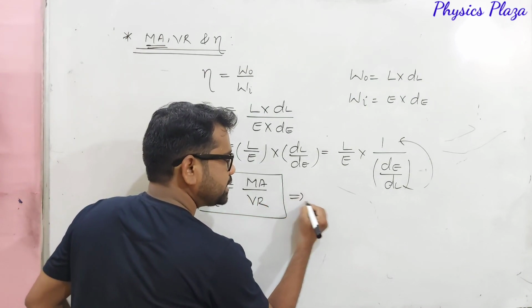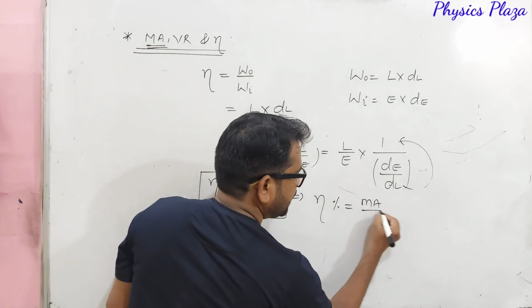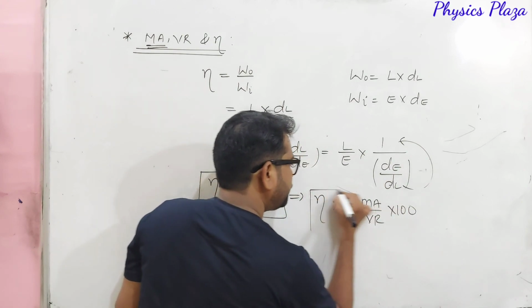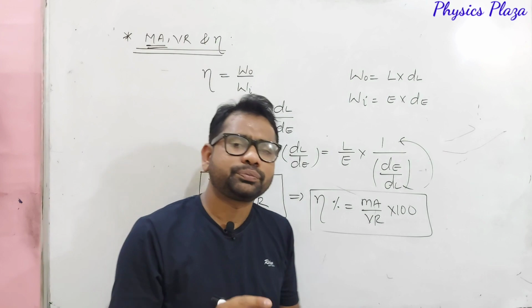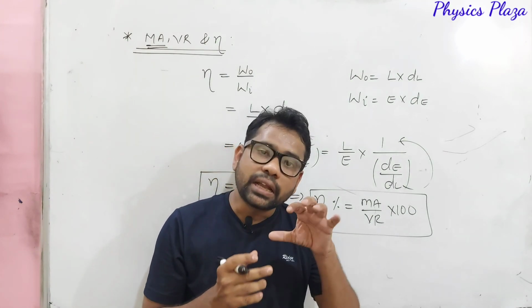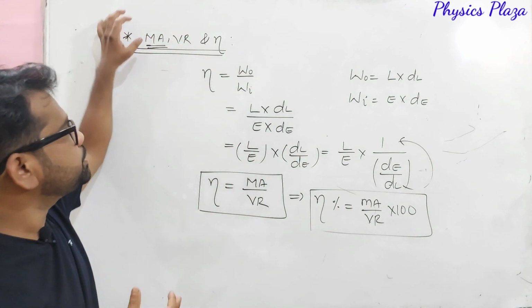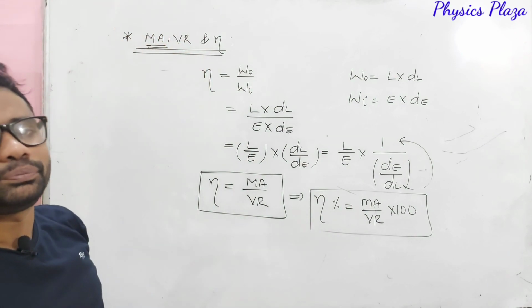You can even express this as a percentage: efficiency percentage is equal to mechanical advantage by velocity ratio into 100. Dear children, this is the formula which we use to calculate the efficiency of a given machine.